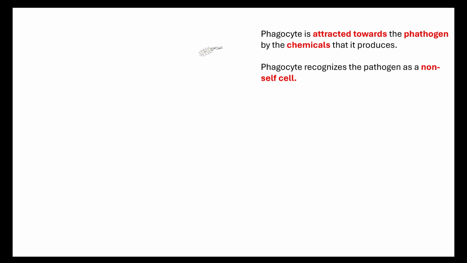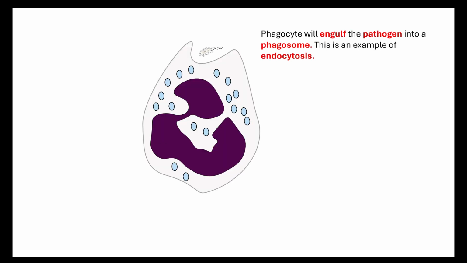So what we then need to understand is that after the phagocyte has moved towards the pathogen, what's then going to happen is this engulfing process. Now, the engulfing of the pathogen is into what's known as a phagosome. So this is an example of endocytosis.